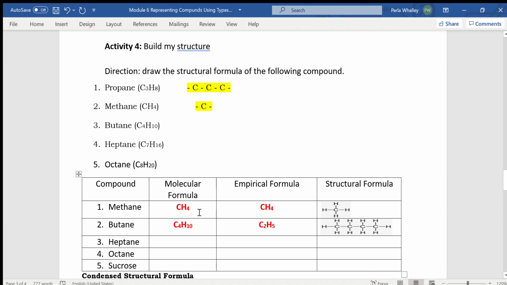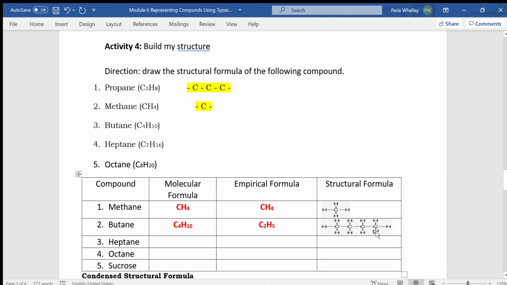For butane, here, butane has 4 carbon atoms, 1, 2, 3, 4, and it has 10 hydrogen atoms. So remember, for every carbon atom, there are 4 bonds around it. 1, 2, 3, 4, 1, 2, 3, 4, 1, 2, 3, 4, and 1, 2, 3, 4.